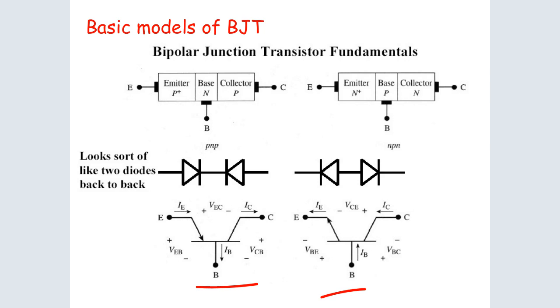We have IE for emitter current, IB for base current, and IC for collector current. Those currents are associated with each terminal there. In terms of magnitude of currents, IE is the largest, followed by IC, and then IB.